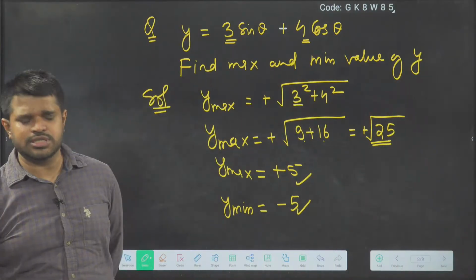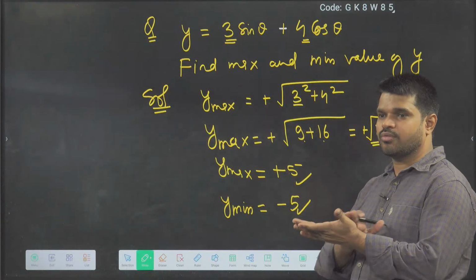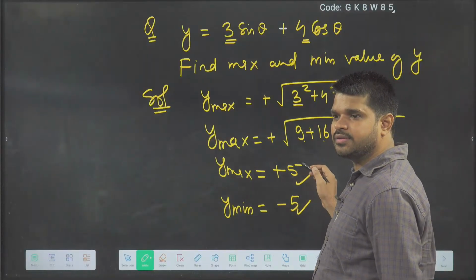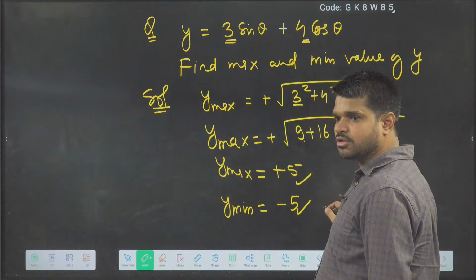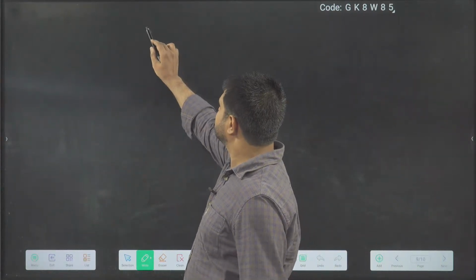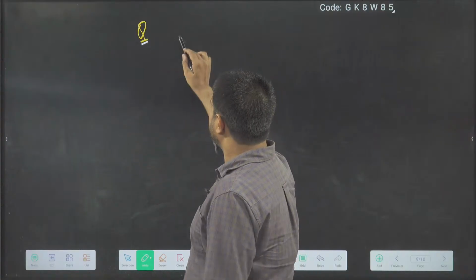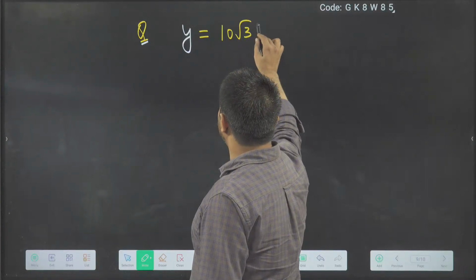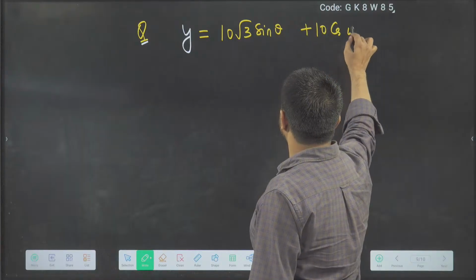One more question of this kind. Done. Okay. Question is, y equals 10 root 3 sine theta plus 10 cos theta.